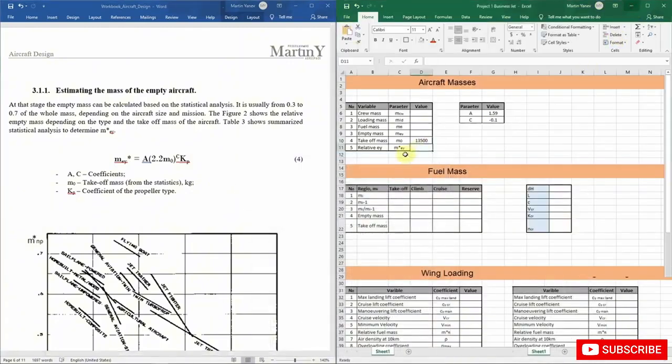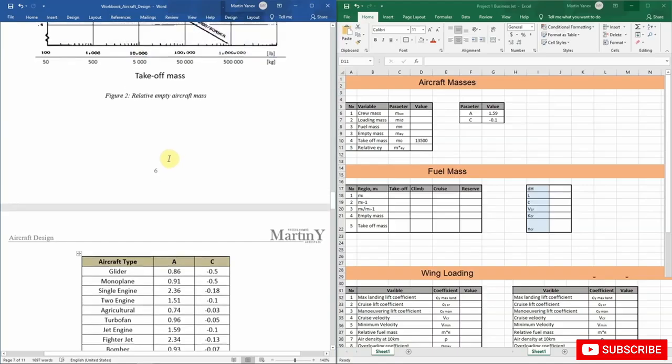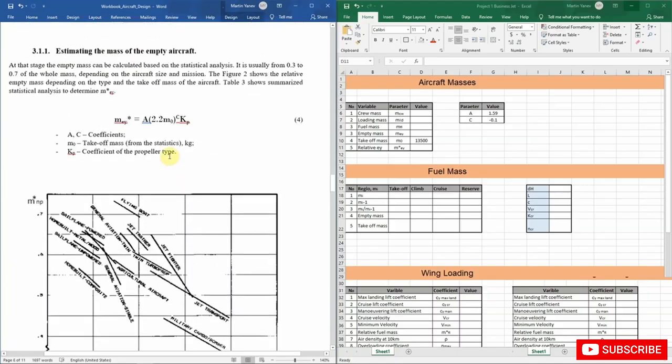And then, since we have our takeoff mass, we want to estimate the empty mass. The coefficient K is usually 1 for fixed propellers, which means we're not going to change it, and we can neglect it here because it's equal to 1. So I will not add it in that equation.